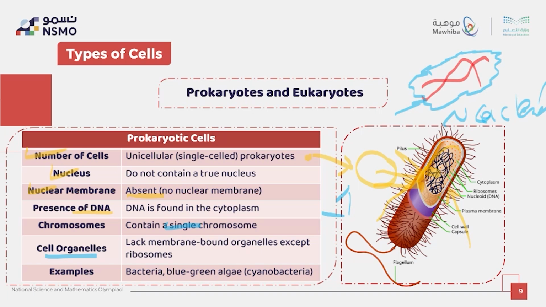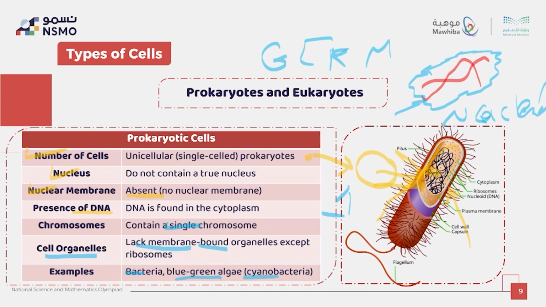The cell organelles lack membrane-bound organelles, such as Golgi, endoplasmic reticulum, and mitochondria. They only have ribosomes. Examples of prokaryotes are bacteria and blue-green algae, which we call cyanobacteria.